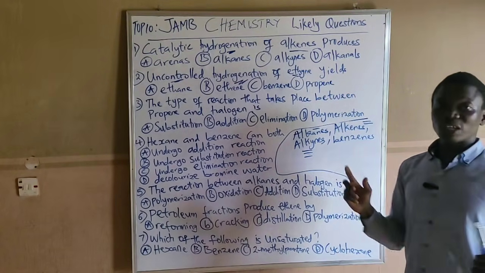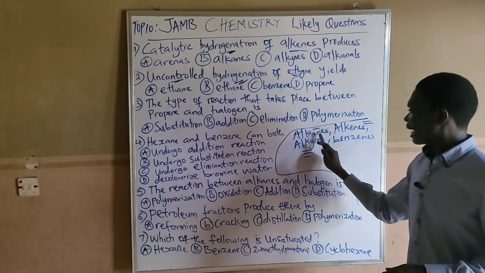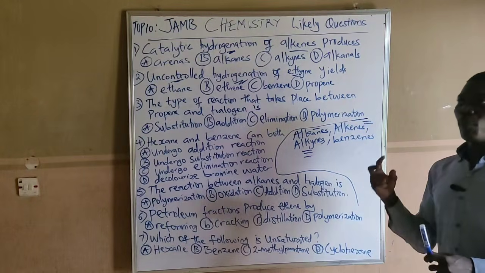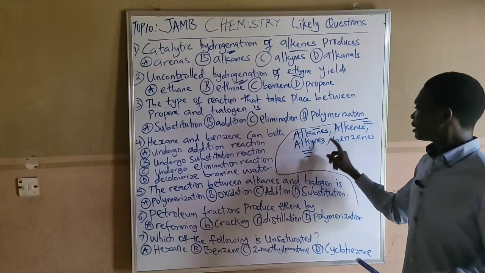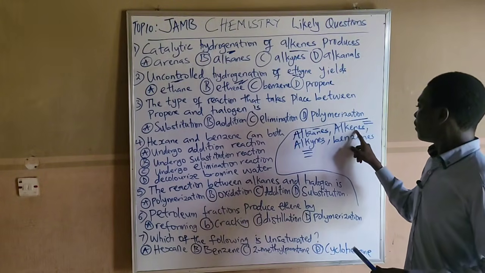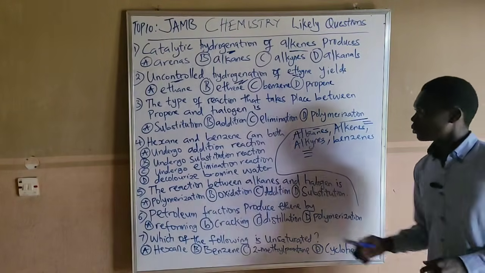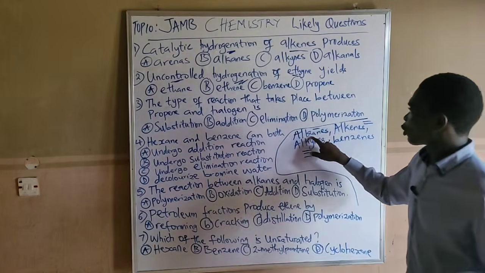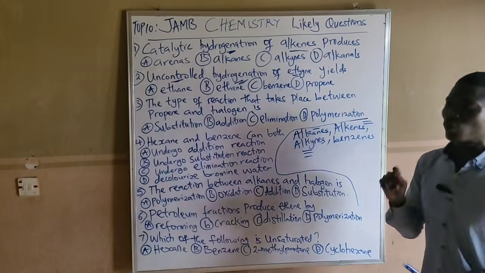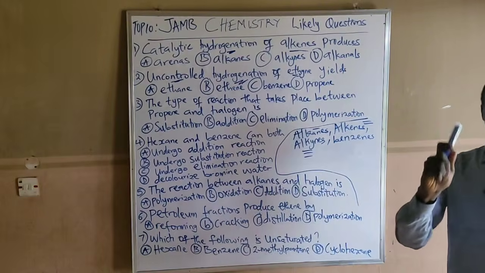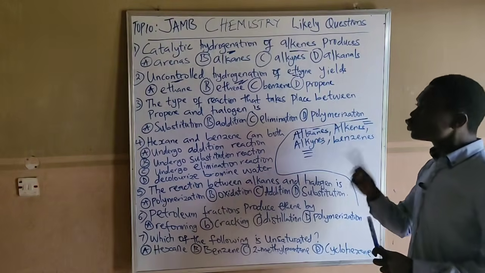When you talk about a saturated compound, we are talking about a compound that has single bonds, and that is alkane. But when the bond is double or triple, it is called unsaturated, which is alkynes, alkenes, and benzene. Since this is a saturated compound, it undergoes substitution reaction. Take note of that.